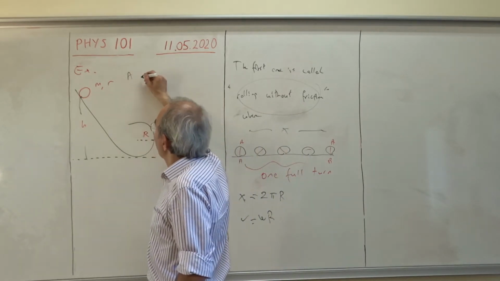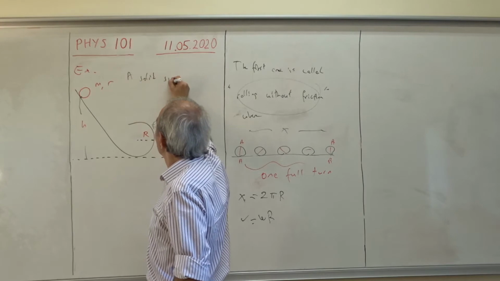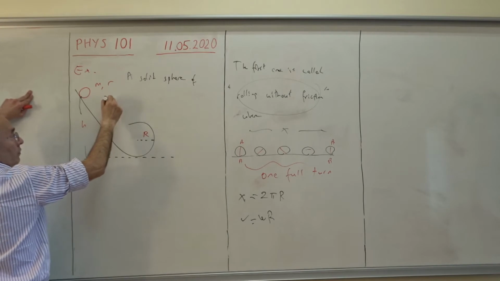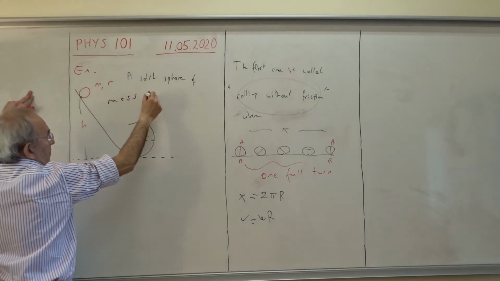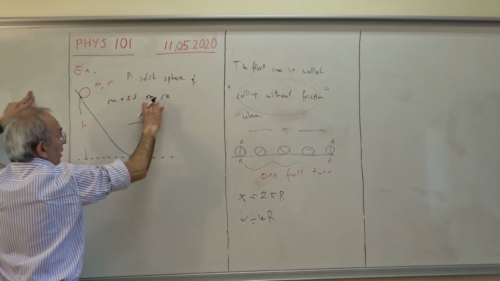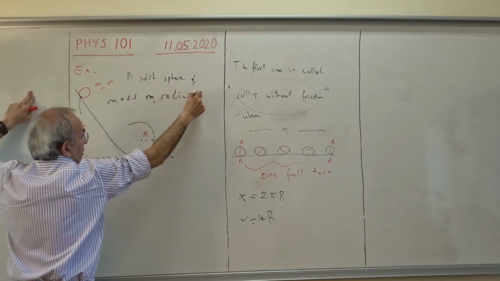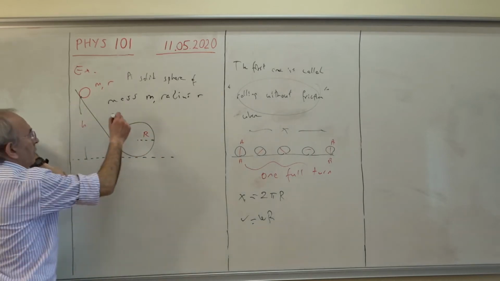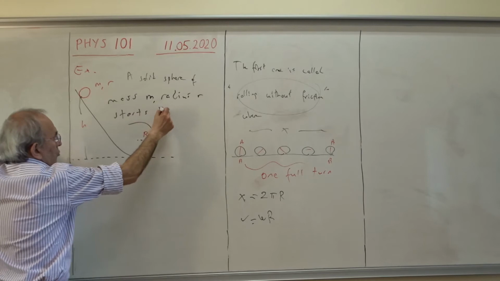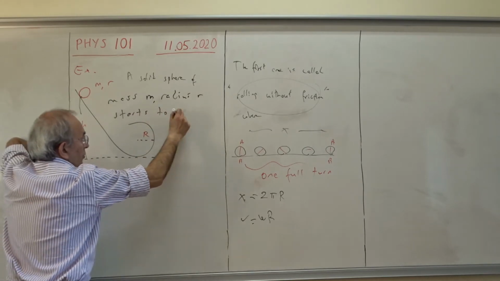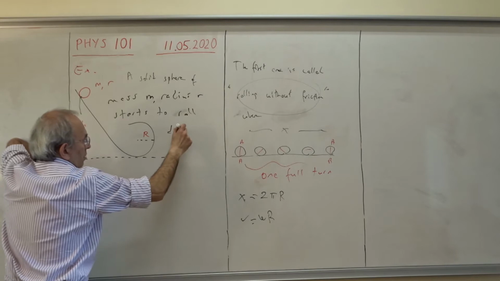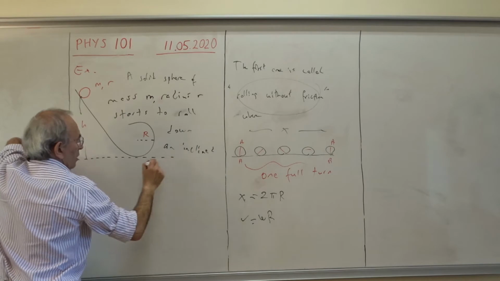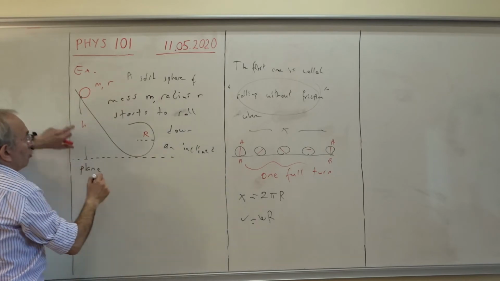A solid sphere of mass m, little m, radius little r, starts to roll down an inclined plane from a height h.